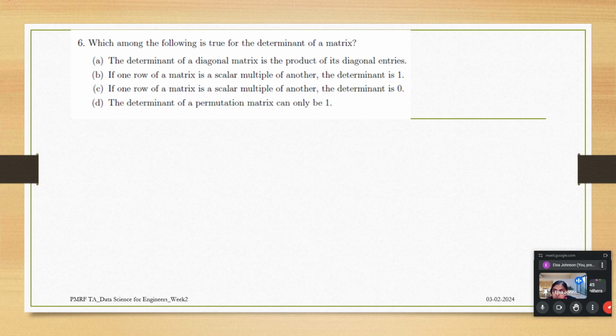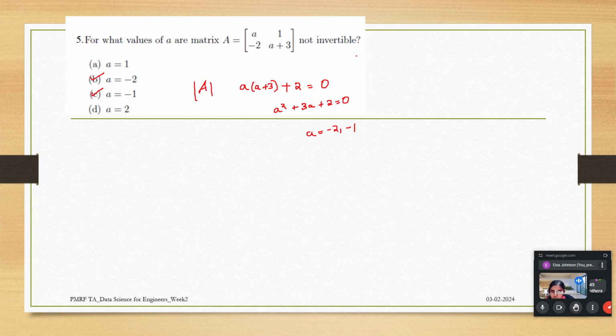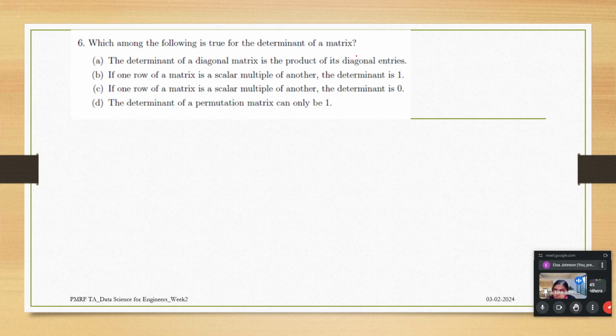Then, which among the following is true for the determinant of a matrix? I think the previous question is clear for everyone. It's very easy. The second one: which of the following is true for the determinant of a matrix?